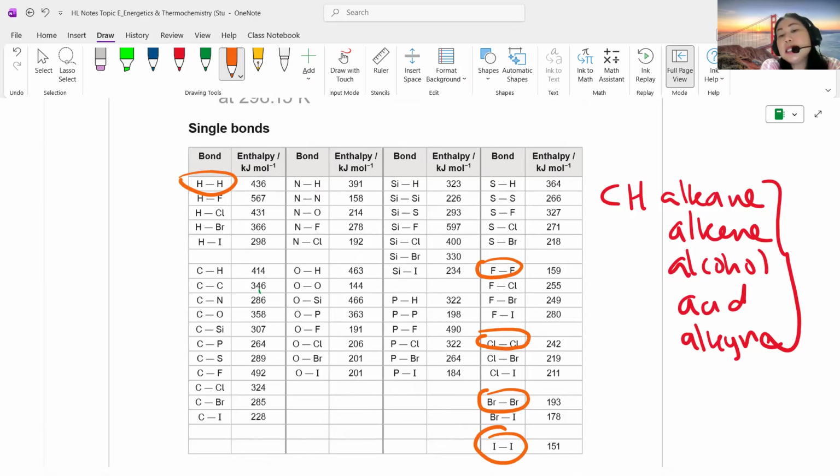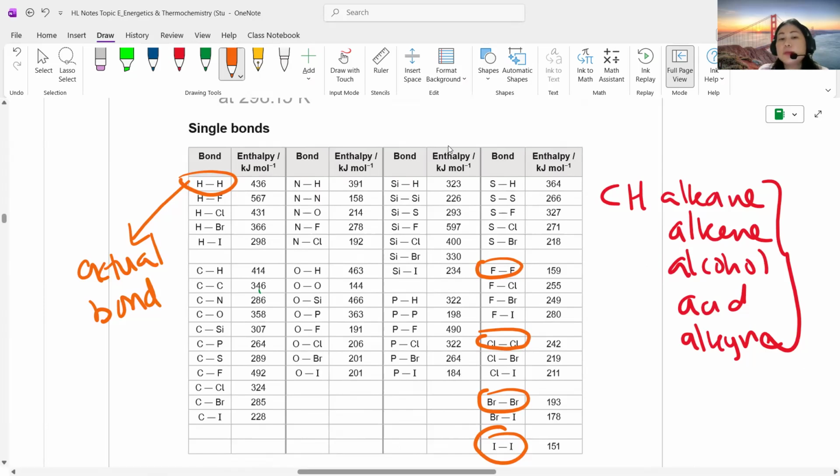Because there are no other substances in the world that have an HH bond besides hydrogen. If more than one substance has this bond, then we can average. But there are no other substances that have FF or ClCl bonds either, so there's nothing to average with. So these are the actual bond energies.